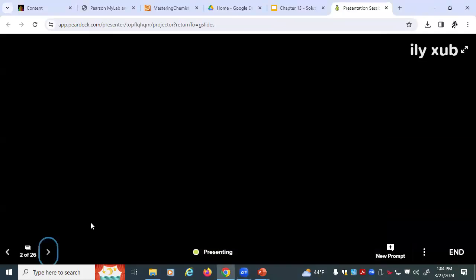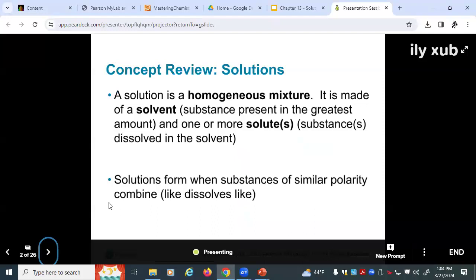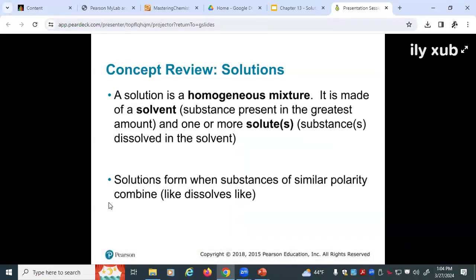Now, before we get to those, let's just do a little bit of review of some of the terminology and some of the concepts that we have seen before when discussing solutions and aqueous solutions. So just as a review, a solution is a homogeneous mixture.